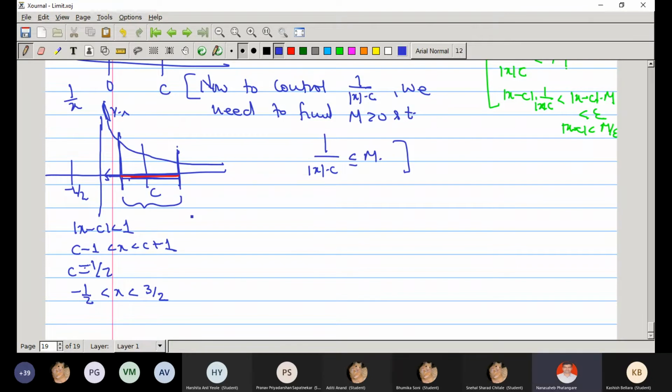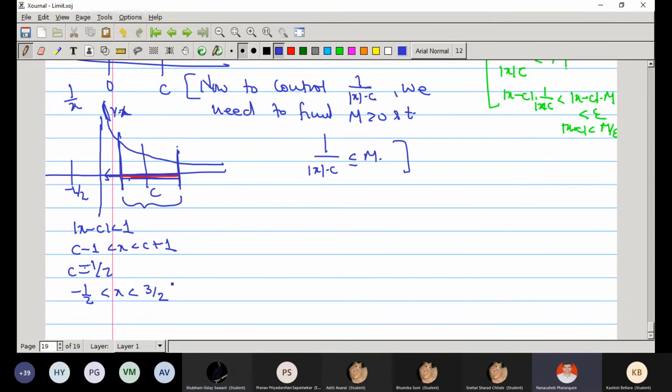Do you see in the figure? Do you understand what I want to say? The distance of x from c should be less than c. If less than c, then that will create a problem.